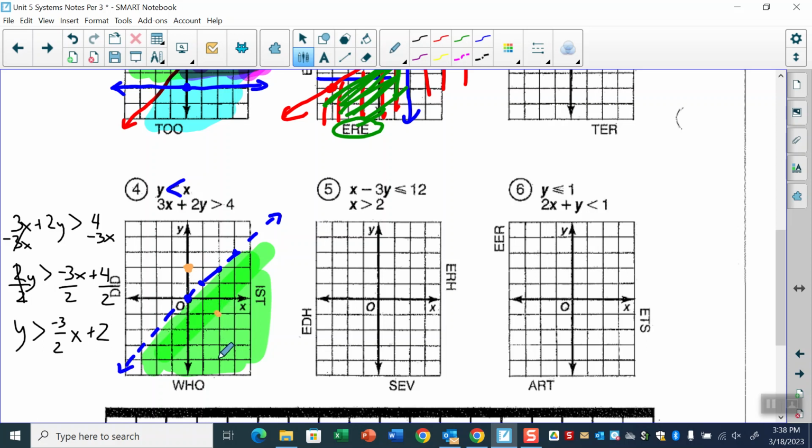Down 3 and over 2. Or I can go up 3 and left 2, because either way, as long as I have a negative and a positive, it's going to be a negative slope. And notice there's no equal sign, so this is going to be dashed too.